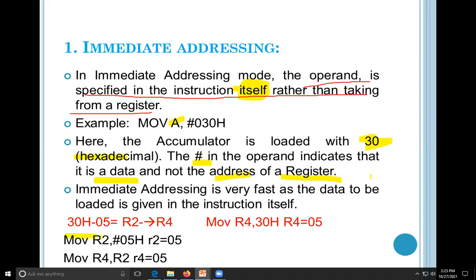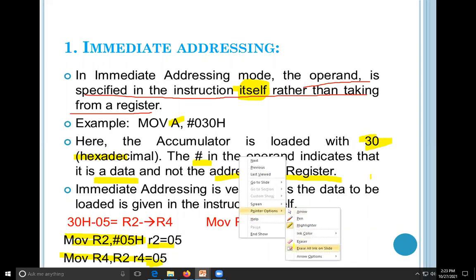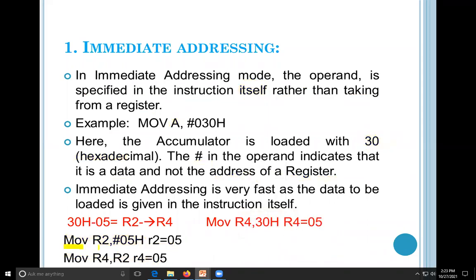Here is an example: MOV R2, #05h. This means R2 contains the value 05h. We will discuss this later in the register addressing mode; for now only remember this instruction.